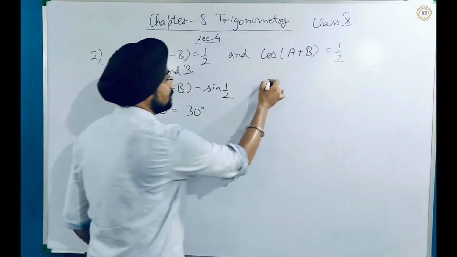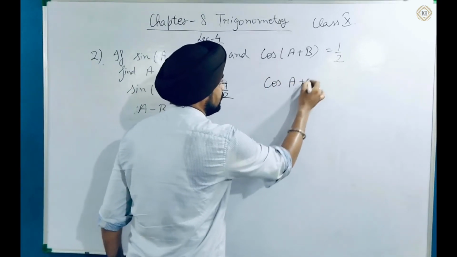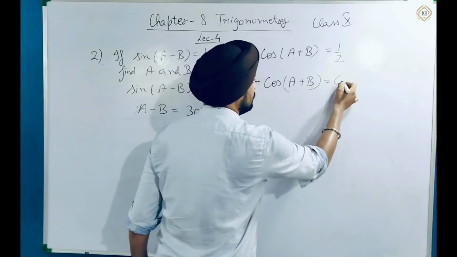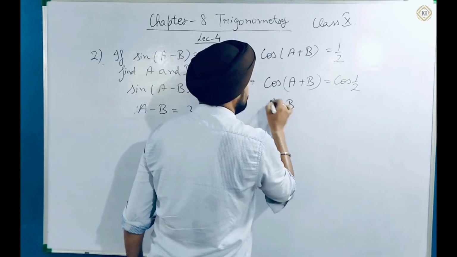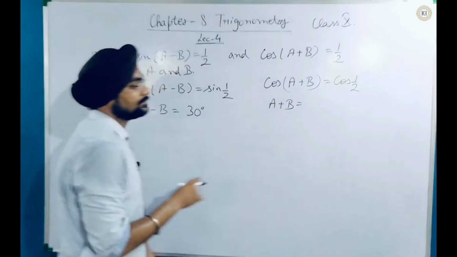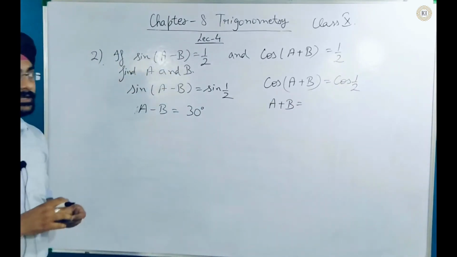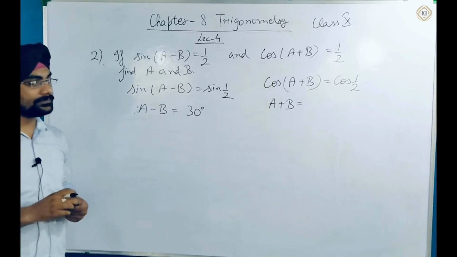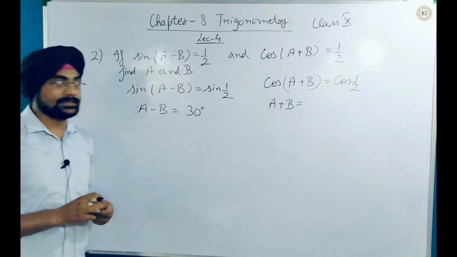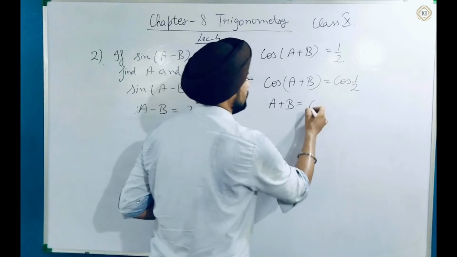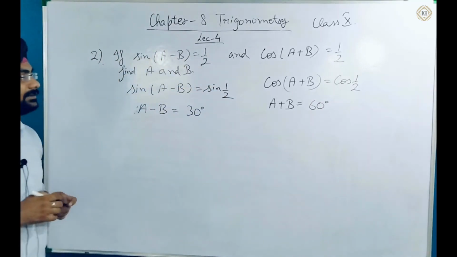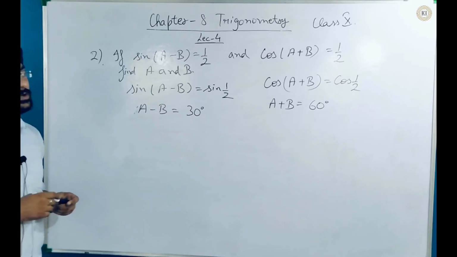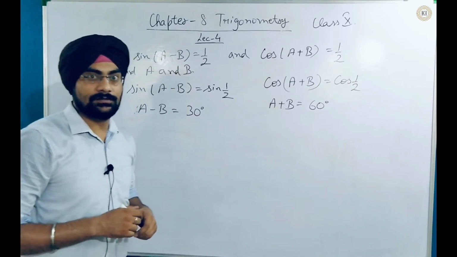Now cos(a plus b) is equal to cos 1 by 2. So 1 by 2 is again coming in the case of 60 degree, because value of sine 30 degree is 1 by 2 and value of cos 60 degree is 1 by 2.